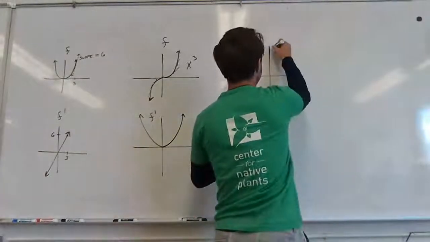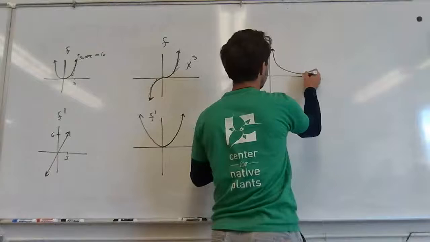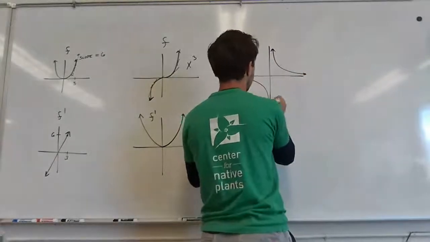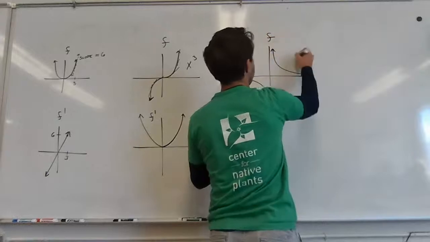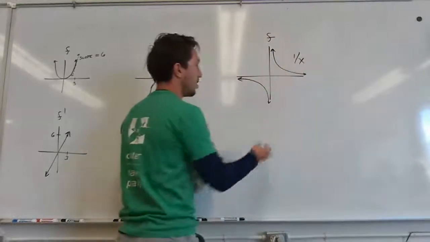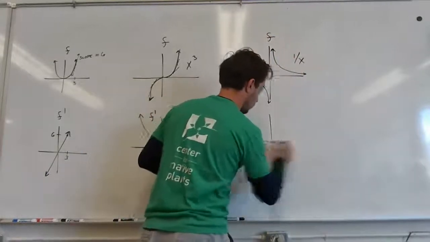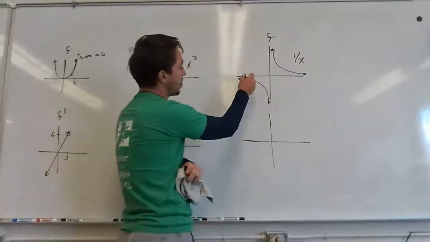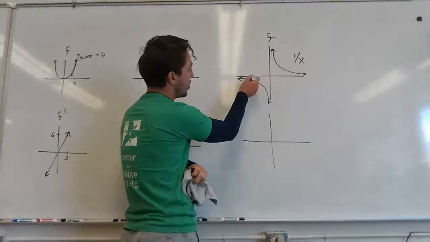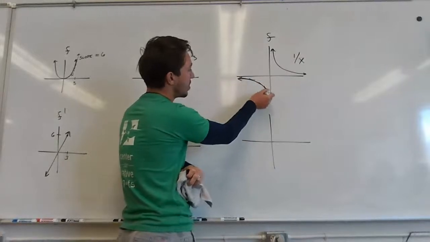Okay, here's 1 over x. All right. Here's the 1 over x function, so here's f. This one's a little bit weird. Look at any point you can look at on this graph, what seems to be the case?